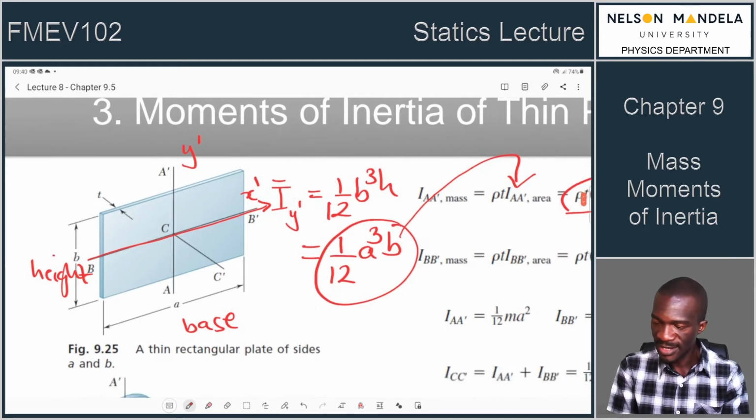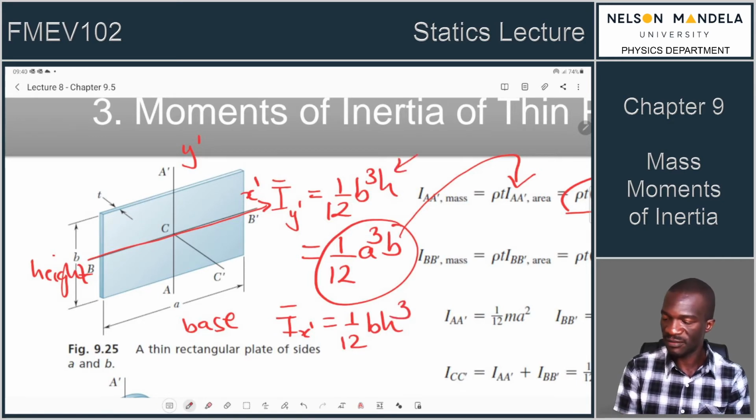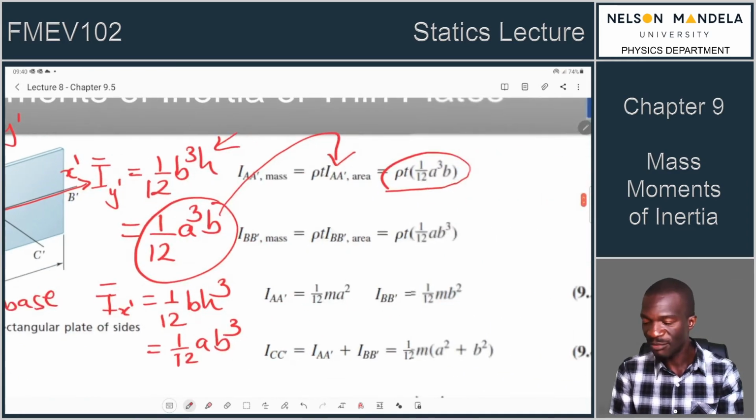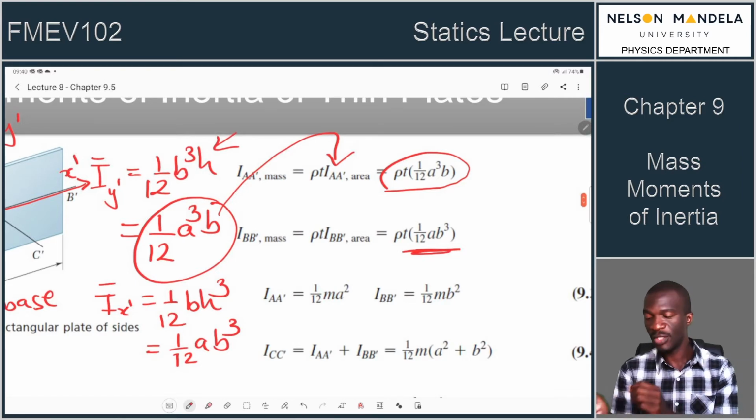We said our Ix prime is actually equal to a 12th of bh cubed. So it's now the reverse of this, so we can obviously just replace. Our b, we said, is the base, so that's an a. Our h is a b in our case, so bh cubed becomes ab cubed. For this reason, we have a 12th of ab cubed.